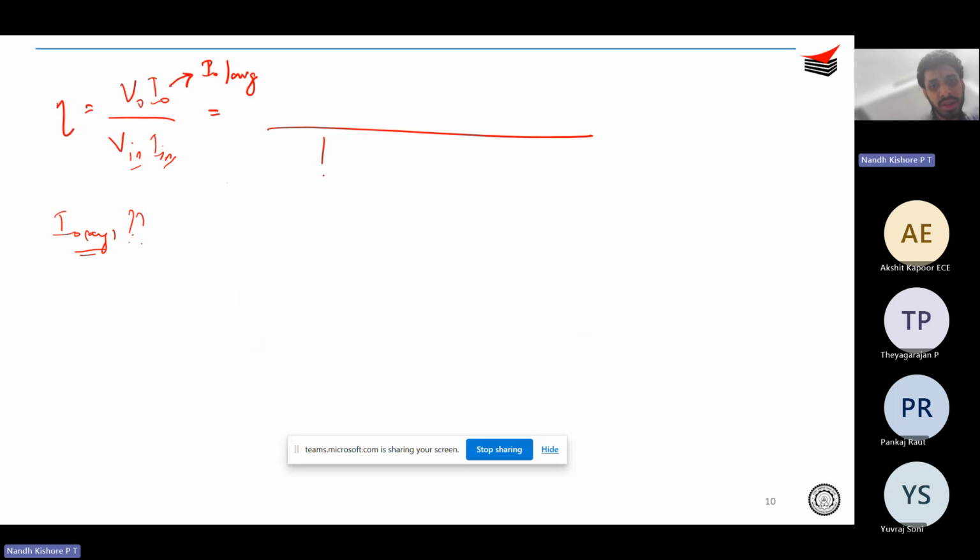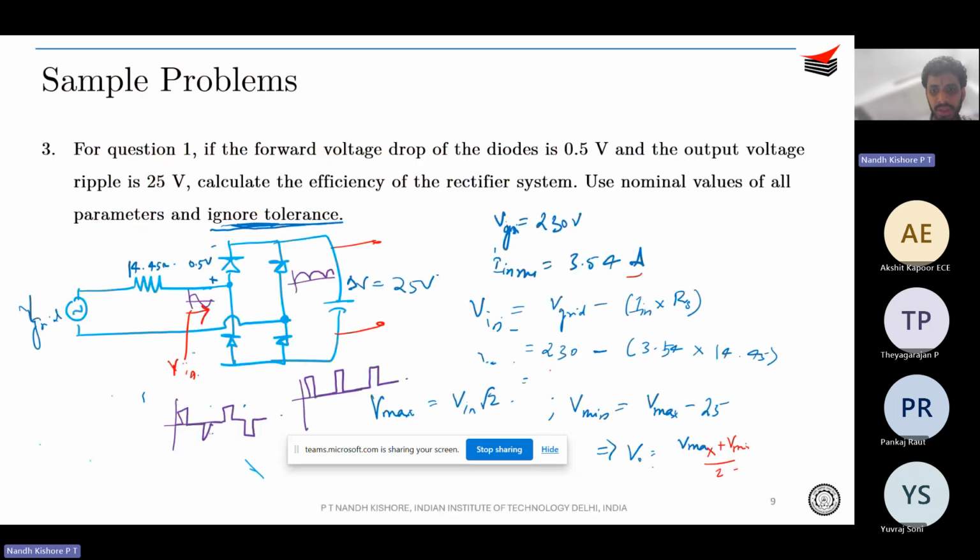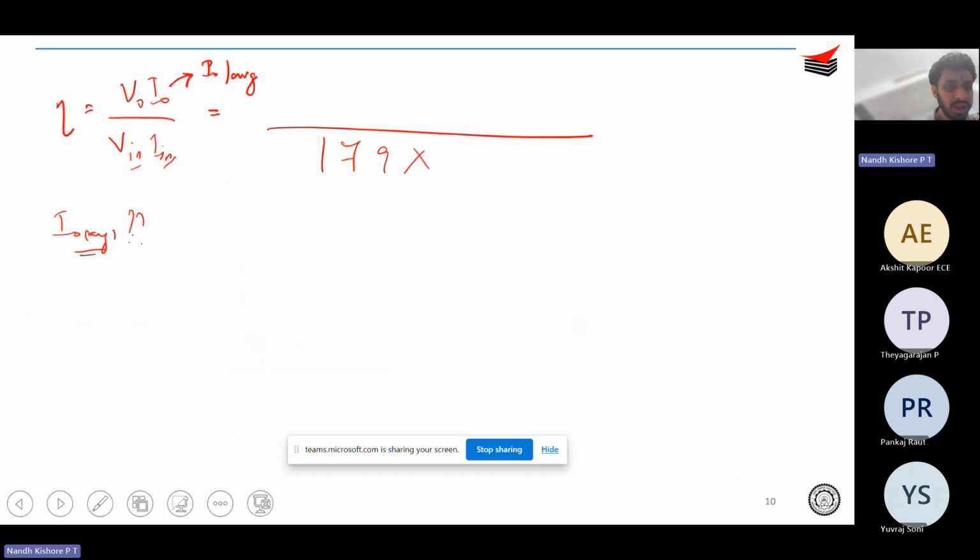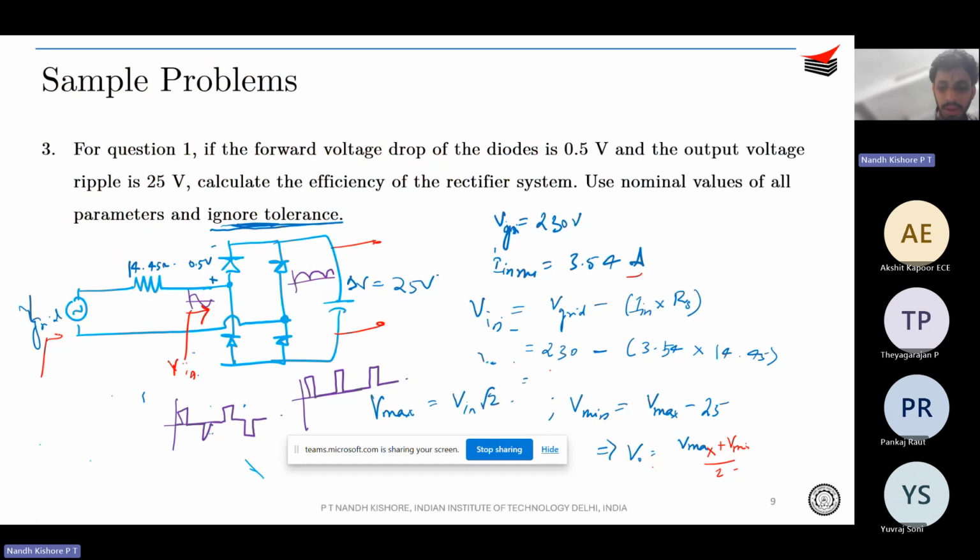So it will be 179 into... so this is actually your input. So you should take the V in as the grid voltage, correct? Because the total efficiency is what you want to calculate from here.